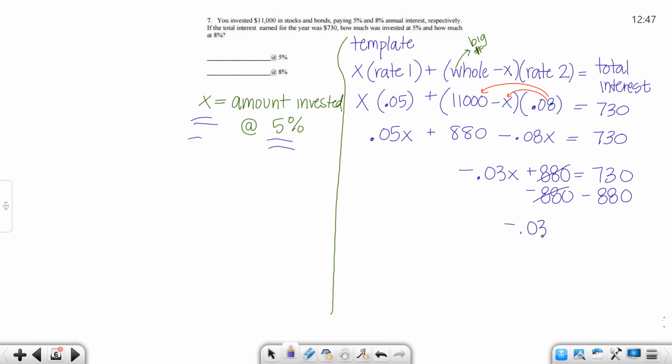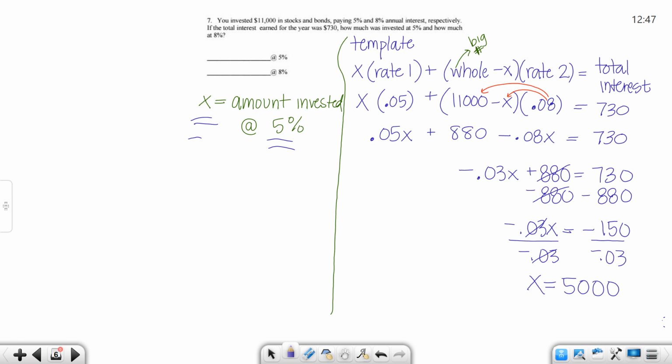Negative 0.03x would equal a negative 150, so 880 minus 730 would give me a negative 150. I'll divide both sides by a negative 0.03, and I get that x equals 5,000.